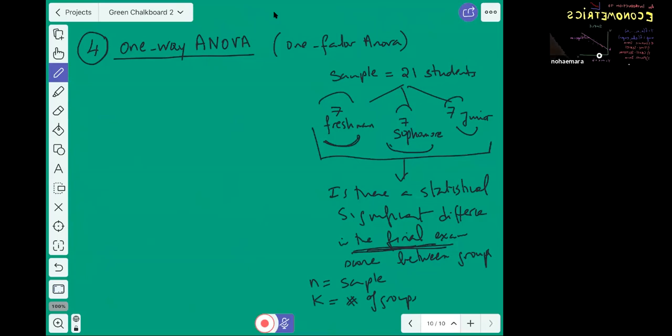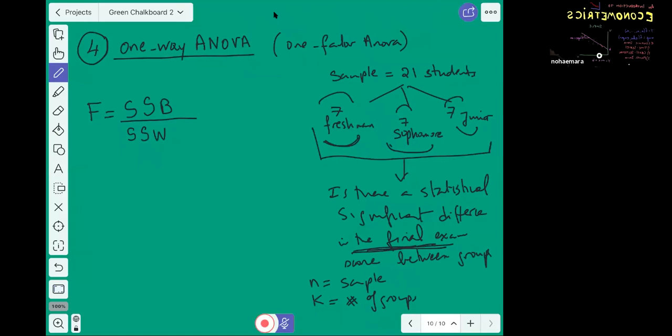Now, the idea of the F statistic is, again, an analysis of variance. So you're going to be talking about the sum of squares between groups over the sum of squares within groups.